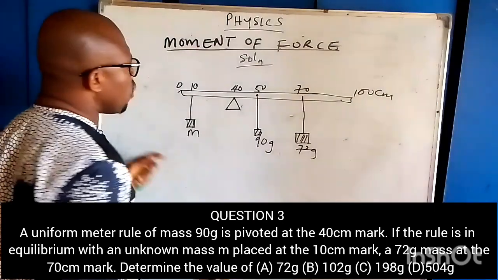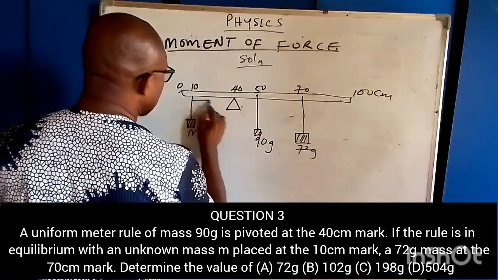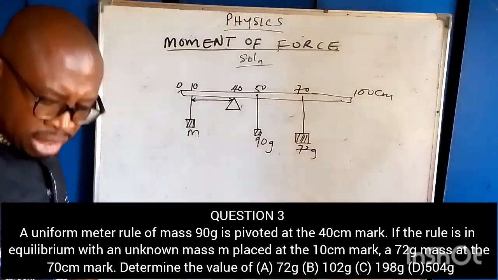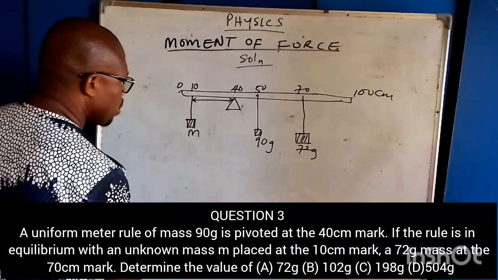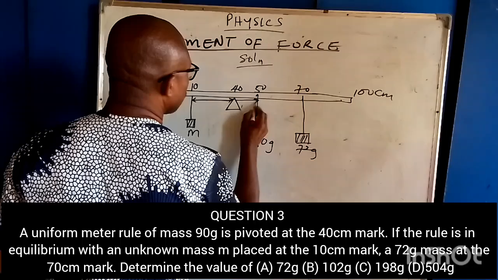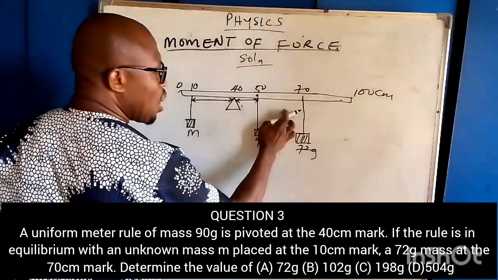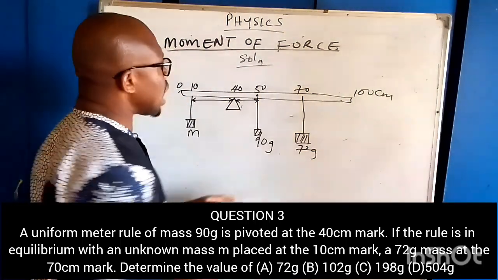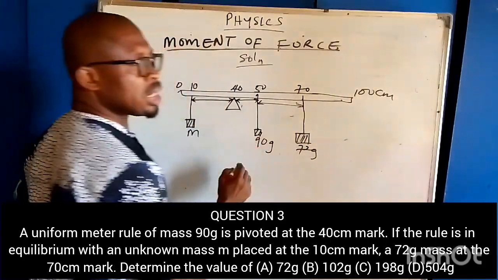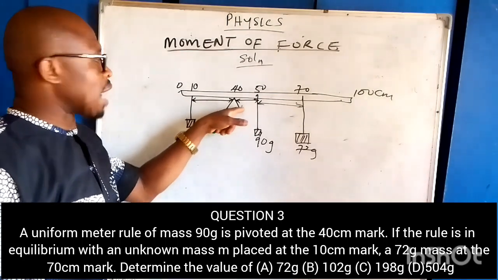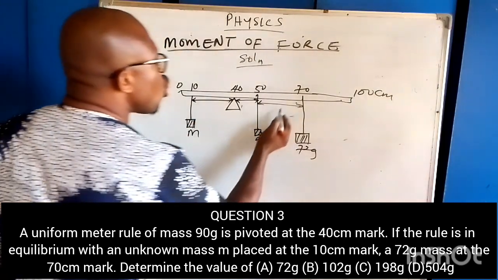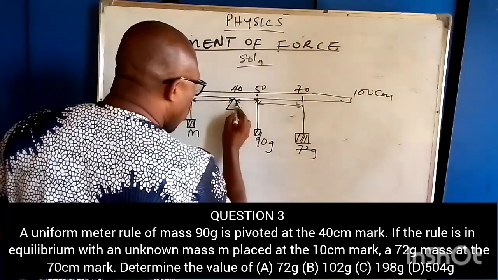For us to get the value of m, we must first get the perpendicular distance here, and then get the other perpendicular distances. Most people make this mistake of taking from here. No, it's not from here to here, please. Remember, this is a turning effect about a point of pivot, so you must take the distance to the point of pivot.